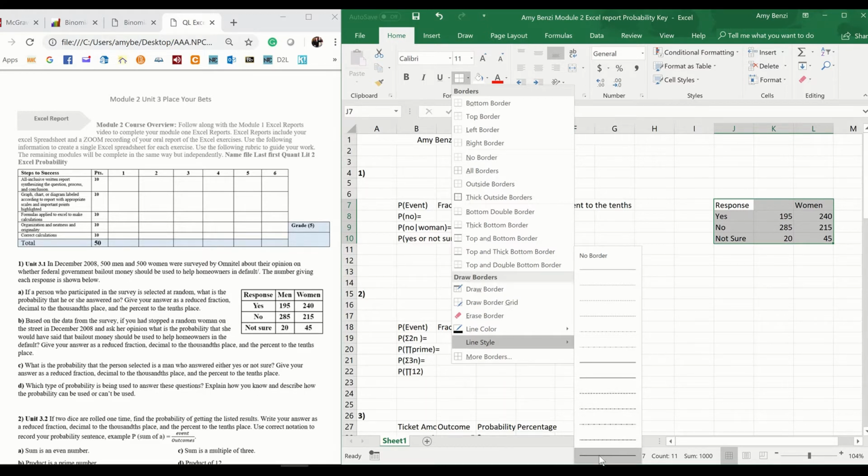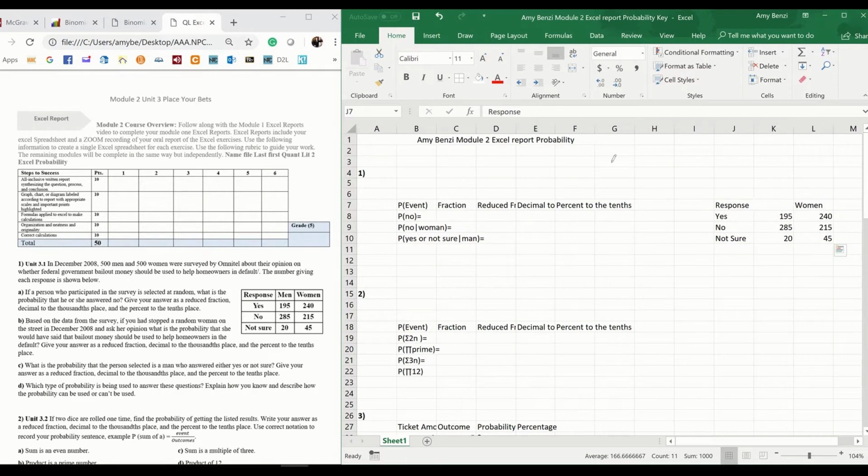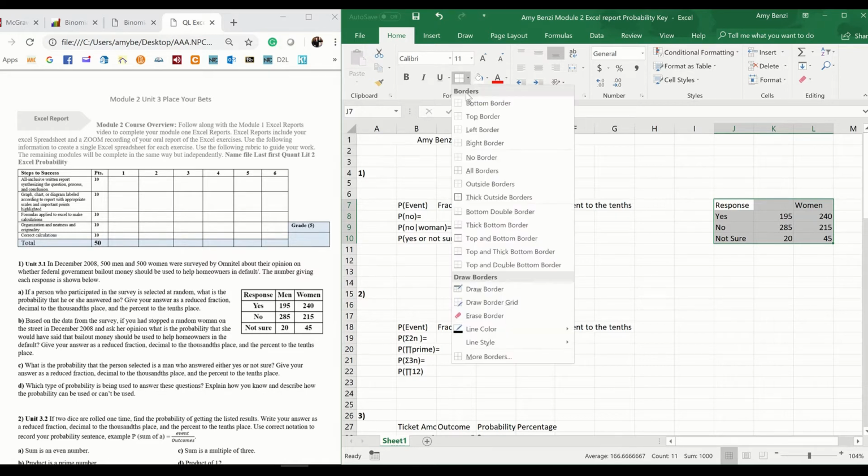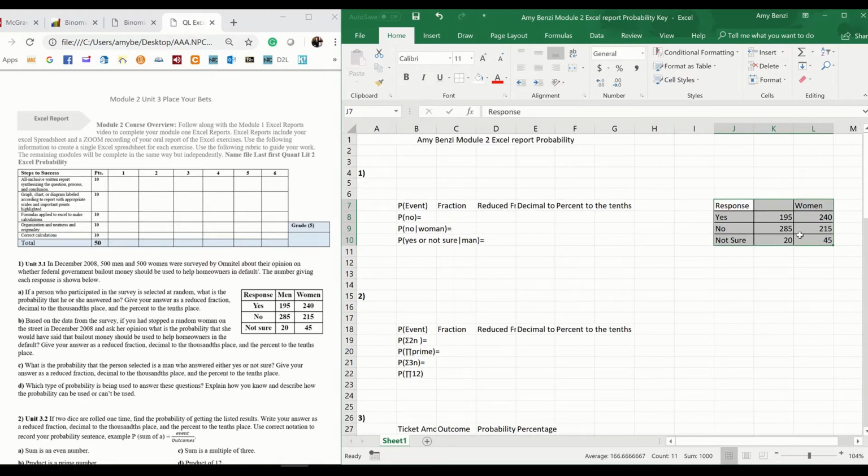I just choose this one at the bottom because I like the way it's nice and dark, and it really gives me a good border. And now I've got this pen, but I don't want that, so I'm just going to hit escape. All right, and then go back to my borders now that I've selected that nice thick border, and click all borders. And now I have nice thick borders around everything.